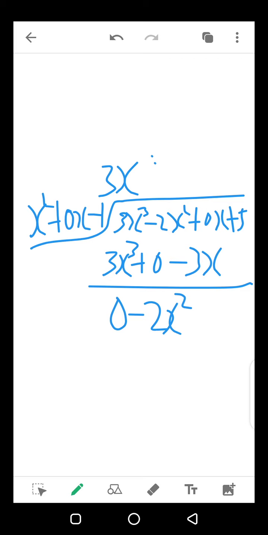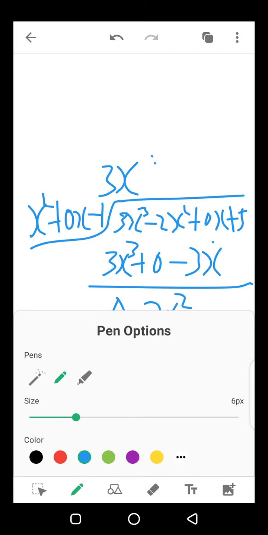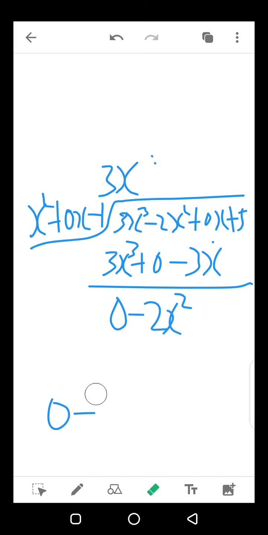Now the one that has power 1 is under power 1 here, so we have 0x minus 3x. 0 minus 3, this is minus 3. 0 minus minus 3, this will give us 0 plus 3.